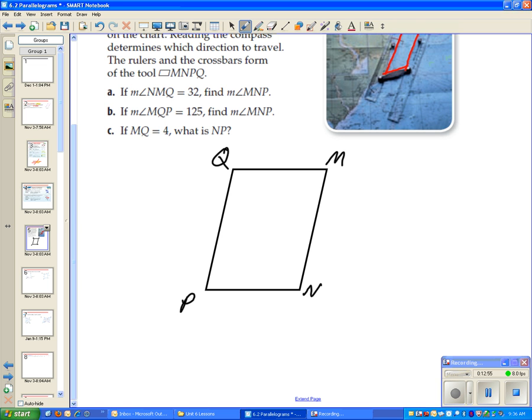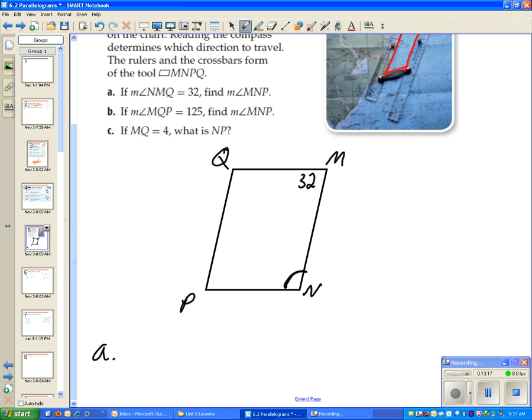They said for part A, if the measure of angle NMQ, which I would have just called angle M, right? I can call it angle M. There's only one angle M. So if angle M has a measure of 32, find the measure of angle MNP. Find the measure of this one.